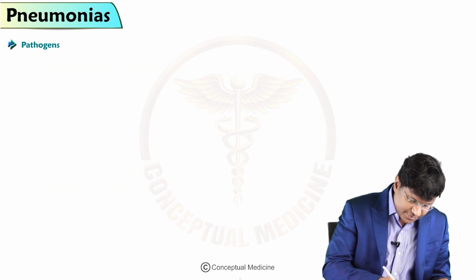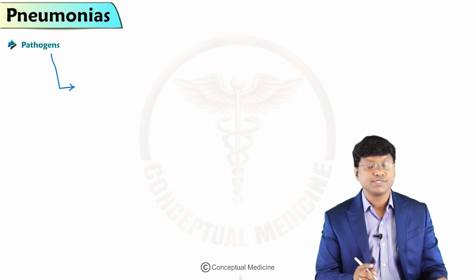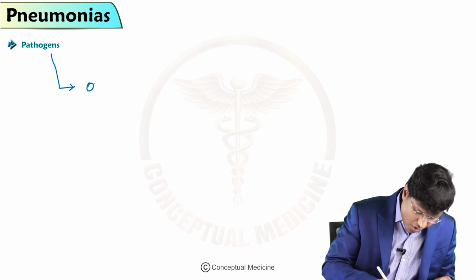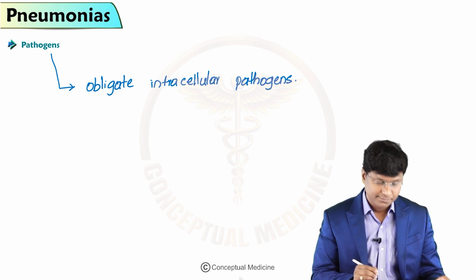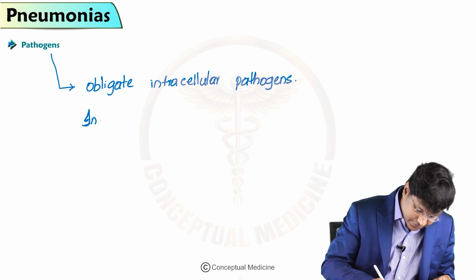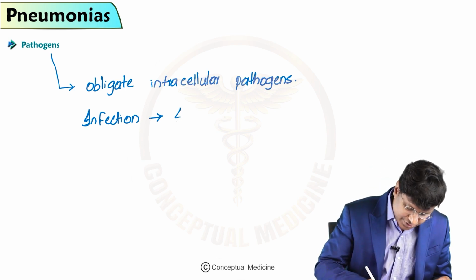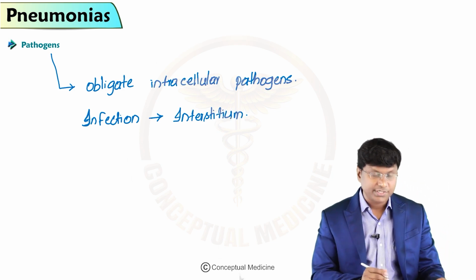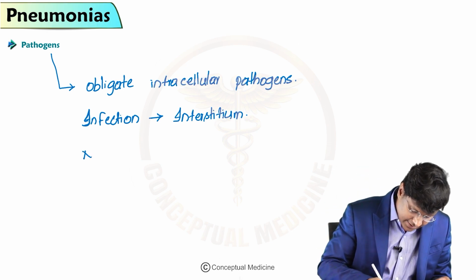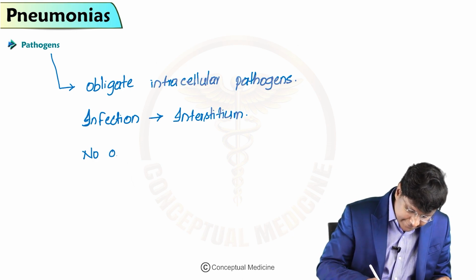Now, these organisms causing the atypical pneumonias are predominantly obligate intracellular pathogens, and the infection is restricted to the interstitium of the lung, and there is no outpouring of the fluid.